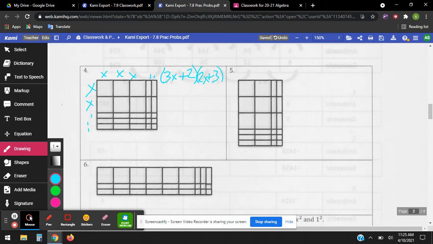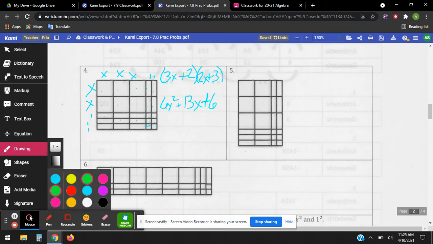Now if I go by what I have total, 1, 2, 3, 4, 5, 6 x squareds, 3, 6, 9, 10, 11, 12, 13 x's, and I have 6 ones. Okay, next one. I have 2x plus 2 on this side.